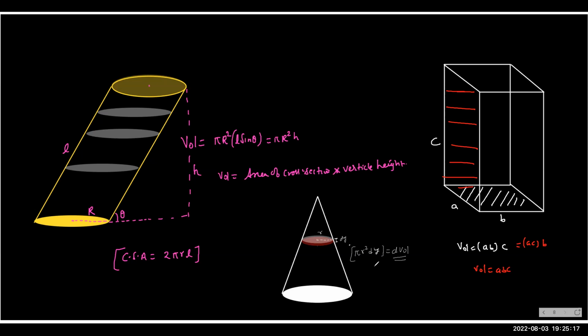What I'm trying to demonstrate here is the concept of volume and surface area. In most cases, we don't realize the basic definition of volume and surface area, and that's why we get confused about why we are doing it the way we are doing it. The whole idea was you must convert into thin pieces. The piece is so thin that it gives you the power to apply the definition of volume.